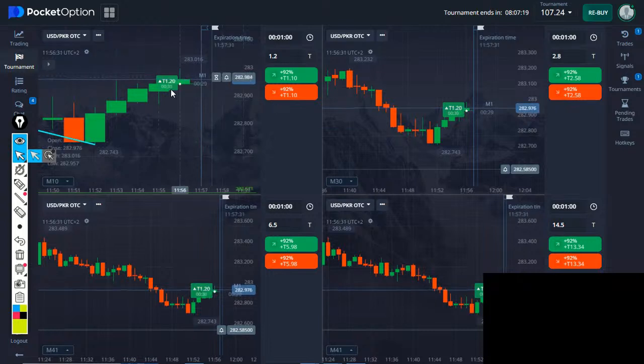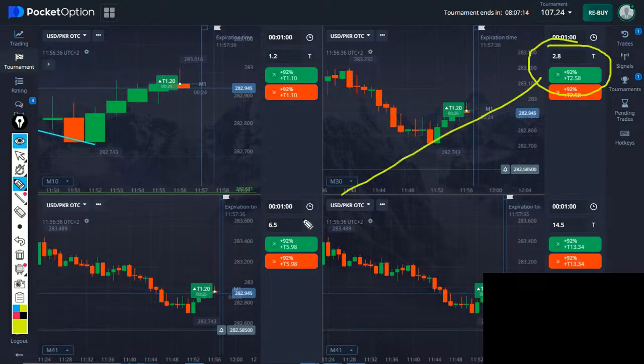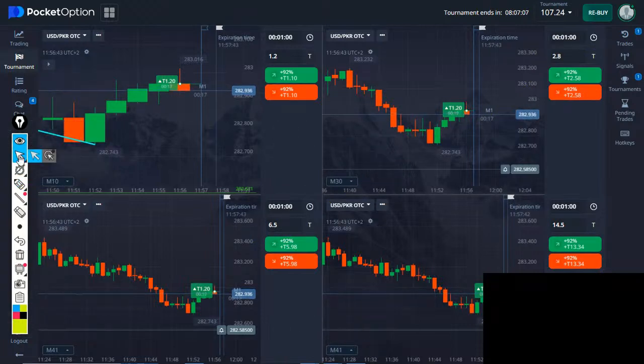If this one loses, we will take a buy here. If it loses, we go for a sell on this. See, the MAD USD reached the level that we spoke about earlier. Hello, state of influence. How are you, my friend? So we'll take a second buy here.